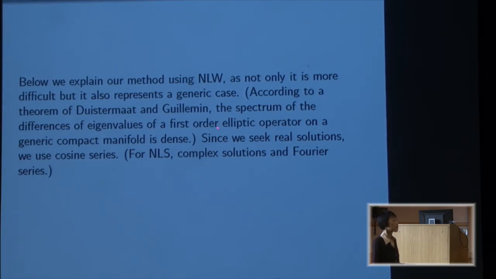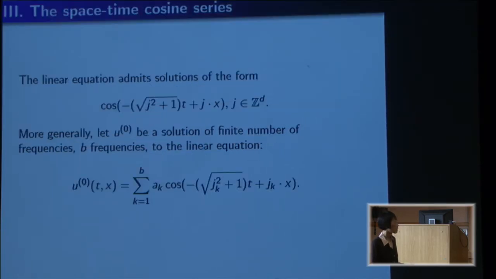Since we seek real solutions, this is classical mechanics, we use cosine series. I do not want to see i in this business. For nonlinear Schrodinger, we look for complex solutions and Fourier series. Now, the space-time cosine series. The linear equation admits solutions of the form.